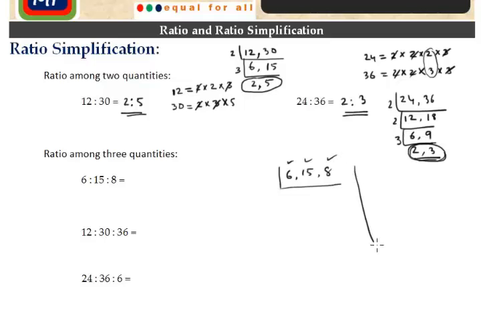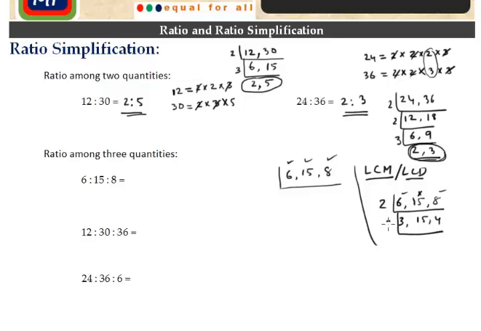So here is the difference. If we were calculating LCM, lowest common multiple, or LCD, lowest common denominator, then for 6, 15 and 8, we would take 2 common from these two, although we can't take 2 from 15, so it would become 3, 15 and 4.